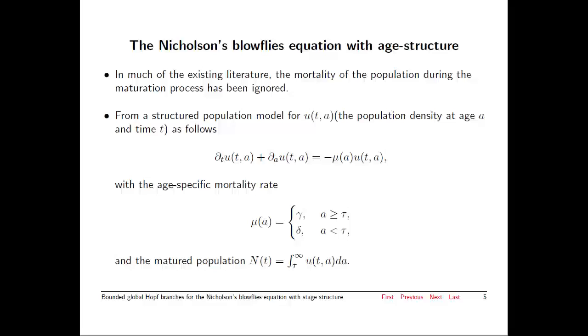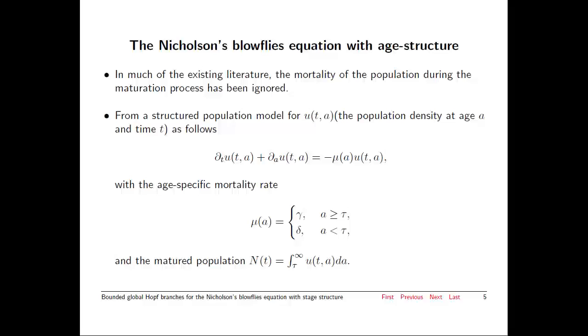We use u(a,t) to describe the population density at age a and at time t. Here mu(a) describes the mortality rate of the population at age a, and here we choose the age-specific mortality rate.